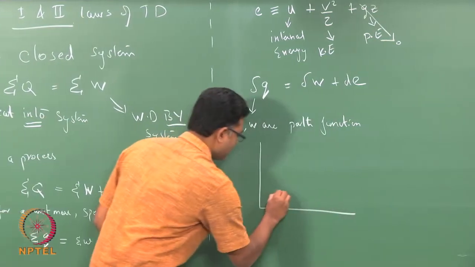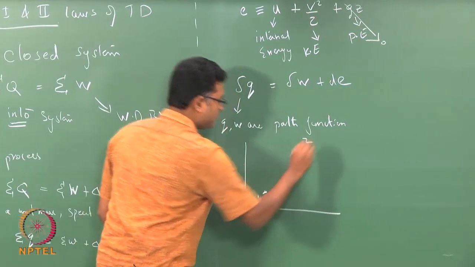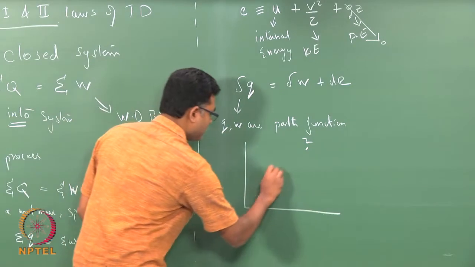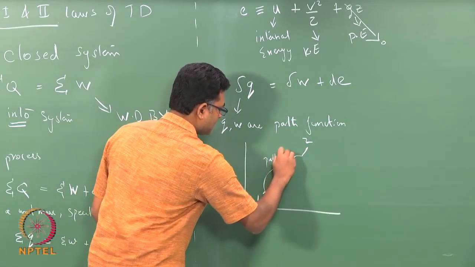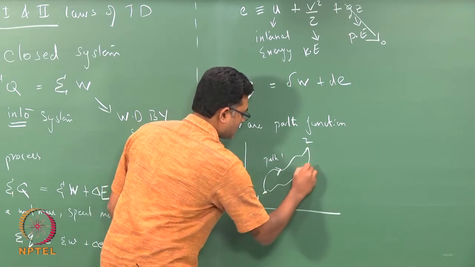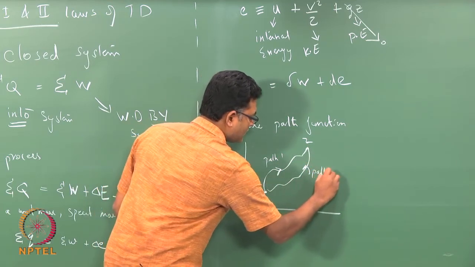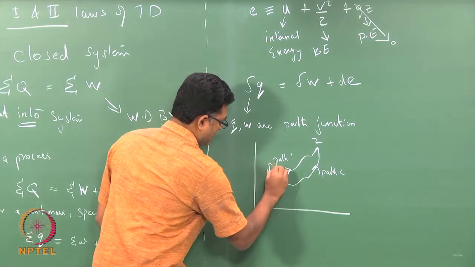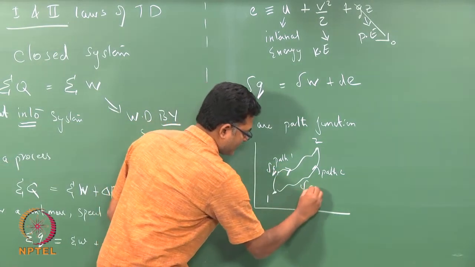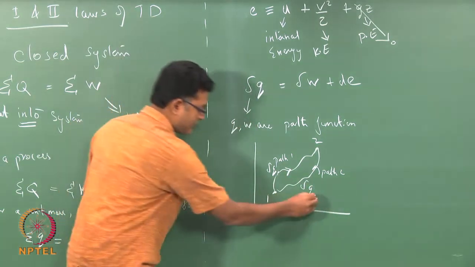So, if I have a state 1 and a state 2, this is path 1 and this is path 2, your delta Q1 and delta Q2 are not the same.